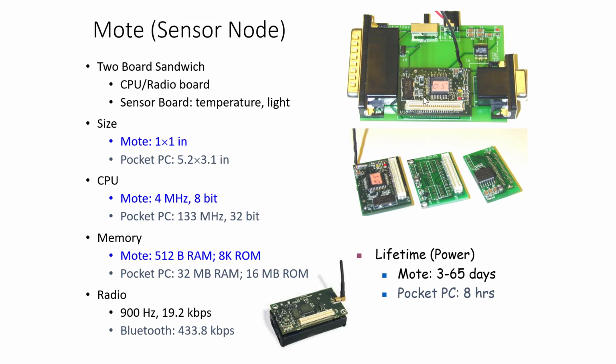So if you think of a typical sensor network node, what are you going to have? You're going to have a small motherboard with a limited number of sensors, like a temperature sensor or a light sensor, and some communication capability. This is known as a mote. It will have a small CPU as well. Of course, the CPU could be a very simple 4 megahertz 8-bit CPU, right?